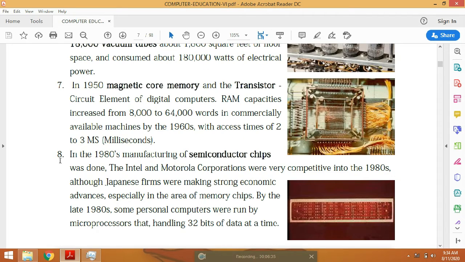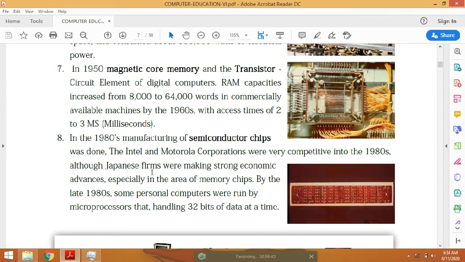In the 1980s, they started manufacturing semiconductor chips that are used as ICs. Mostly we call them ICs, that is integrated circuits. Some industries started building these kinds of chips, that is Motorola and Intel. In the 1980s they started making the chips and making them available in the market for normal users also.